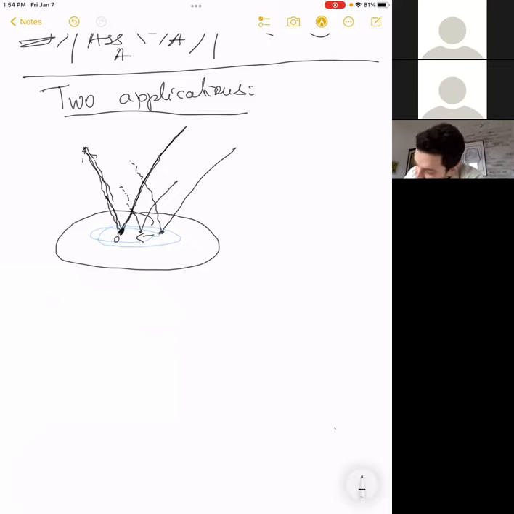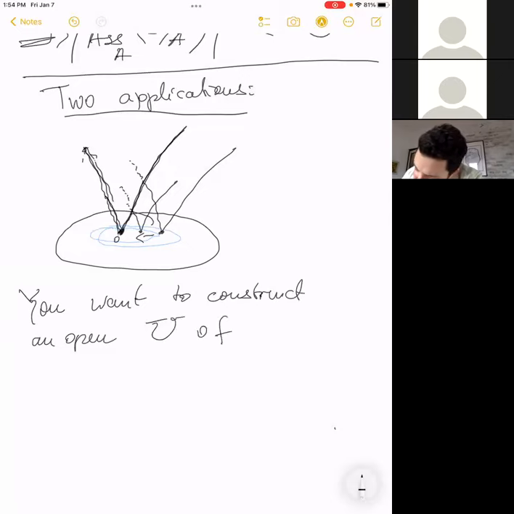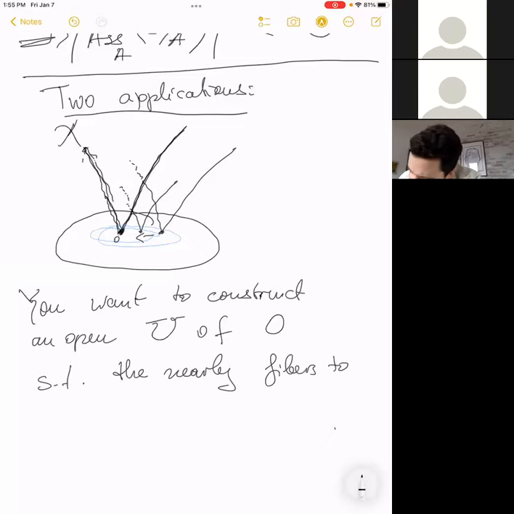So you want to construct an open neighborhood U of the origin, such that the nearby fibers of this special singularity, let's call this X, nearby fibers to X, share some property.